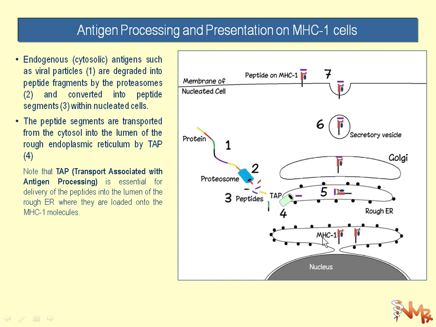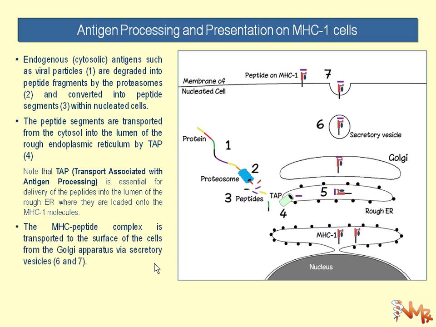And of course, the MHC1 is encoded in the nucleus of every nucleated cell and then is synthesized in rough endoplasmic reticulum. The MHC peptide complex is transported now via the Golgi apparatus, via secretory vesicles onto the surface of the nucleated cells. Note that the surface MHC1 antigen complex will present the antigen, this time to CD8 positive or cytotoxic T cells.